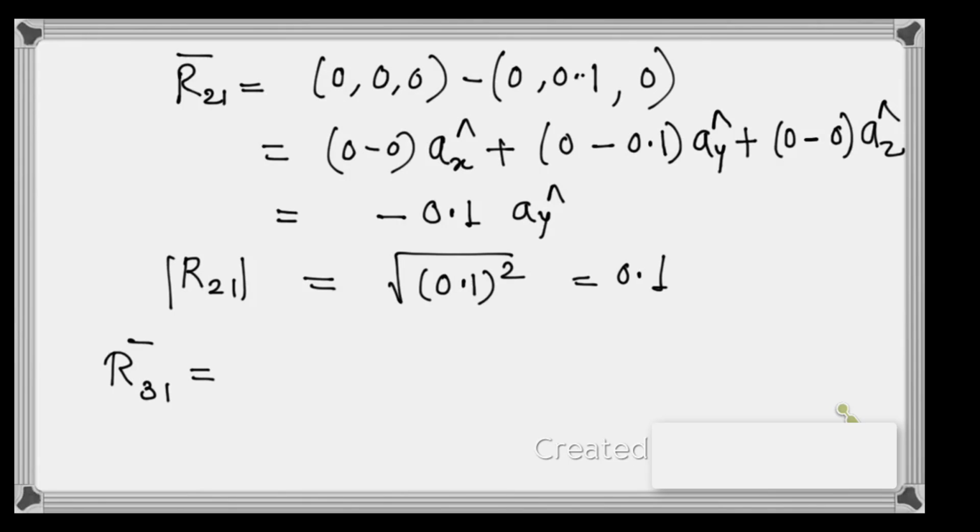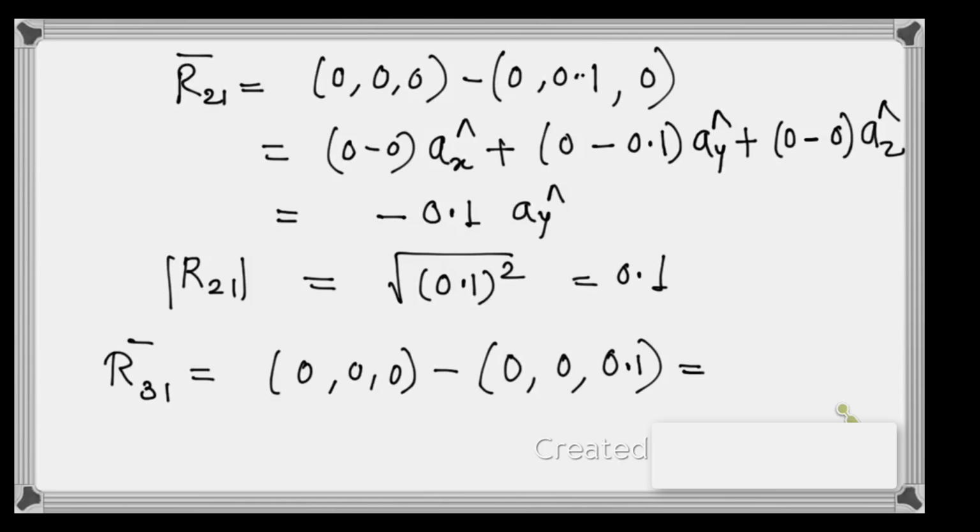Similarly, R31 is equal to, what is q1? q1 is at 0, 0, 0 minus the coordinates of q3, because from 3 we are going towards 1. So always we have to subtract the coordinates of the other point from 1. So q3 is at 0, y is also 0, and z is 0.1.